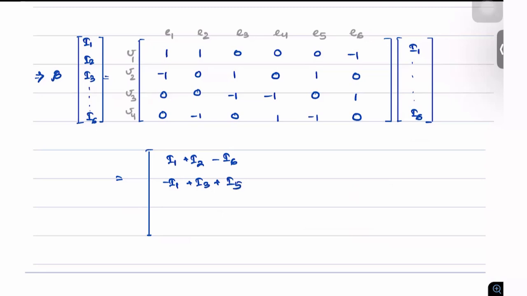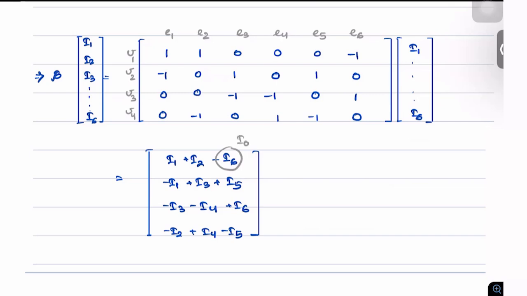And this is equal to minus I3 minus I4 plus I6. And the last one is equal to minus I2 plus I4 minus I5. So we can also observe here that I6 is actually a constant which is equal to I0.